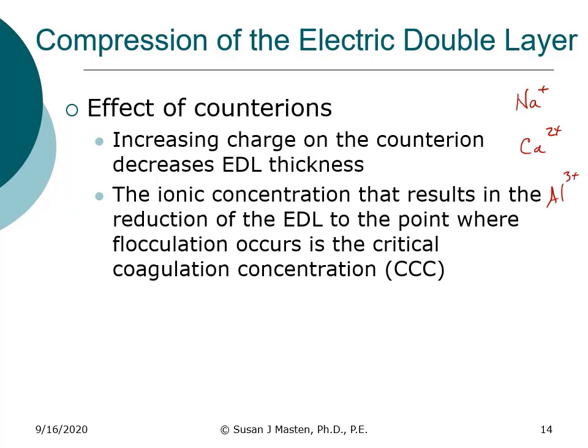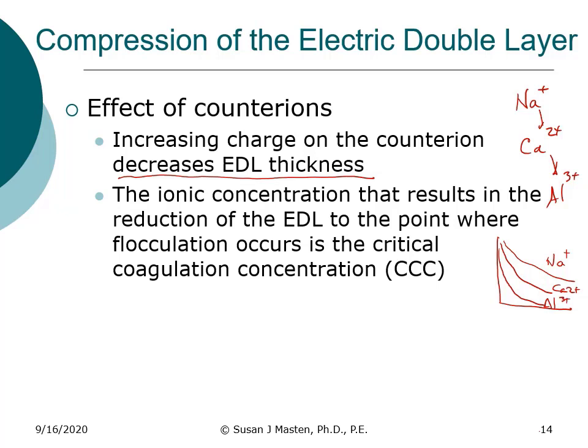As we increase the charge, what we're going to see is a decrease in this electric double layer thickness. So if we were to look here, plotting the repulsive forces, we'd have sodium out here, we'd have calcium here, and aluminum here.